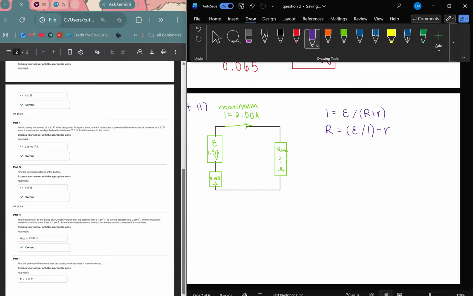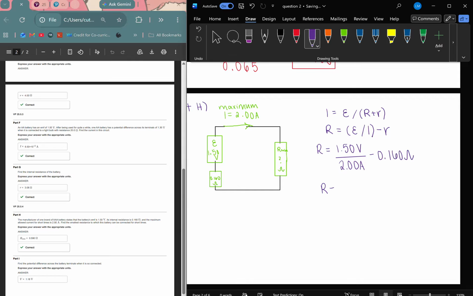So now I'm going to substitute the known values. R equals, so the electromotive force is 1.50 volts. We're going to divide that by the current, which is 2.00, the maximum amperes, I believe, right? Yes, amperes. And we'll subtract that by the internal resistance, 0.160 ohms.